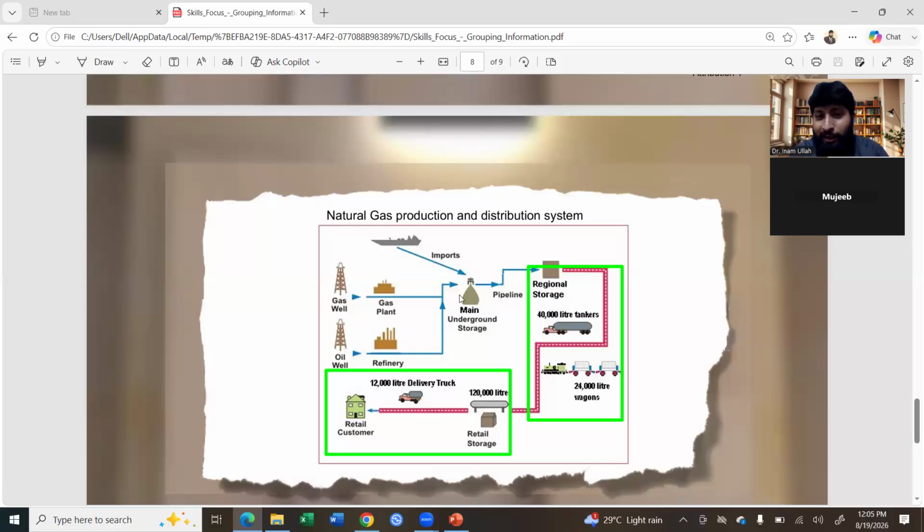So this is the second group. Then the third group is transportation. We have two kinds of transportation: 40,000 liters tankers and 24,000 liters tank wagons. So transportation is another group. This is how you group the data. Is it clear?